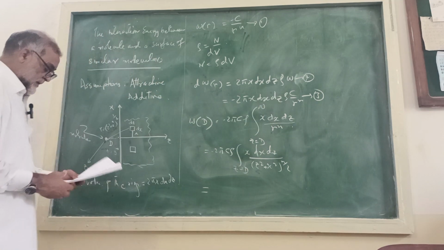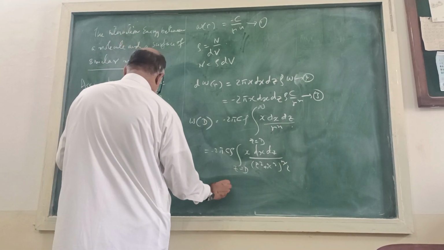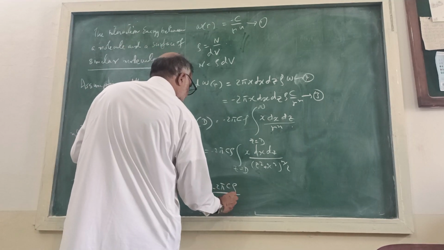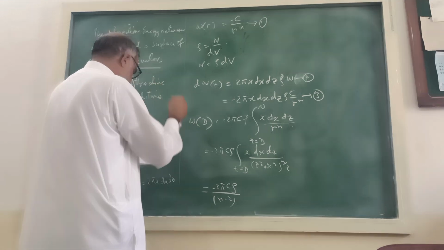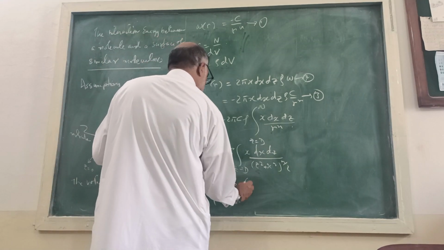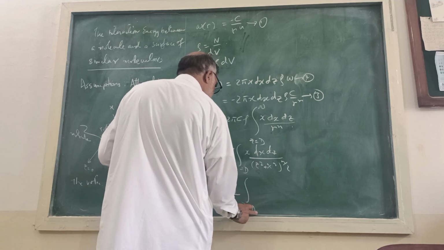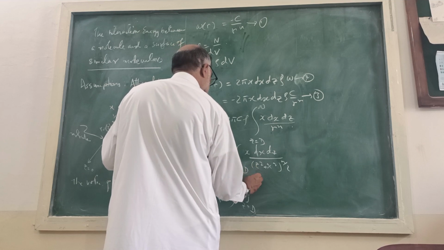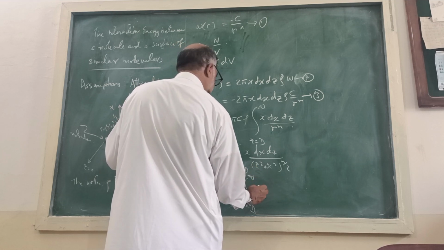So here now our expression goes as minus 2 pi c rho over n minus 2, from z equal to d to infinity, dz.